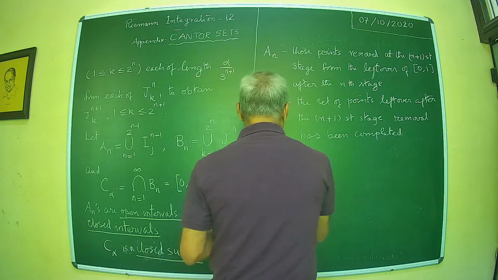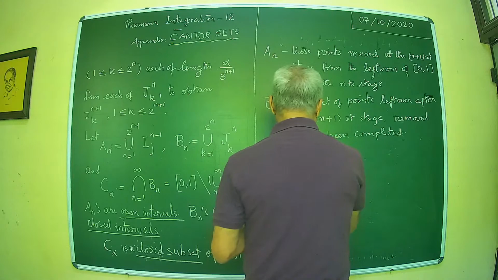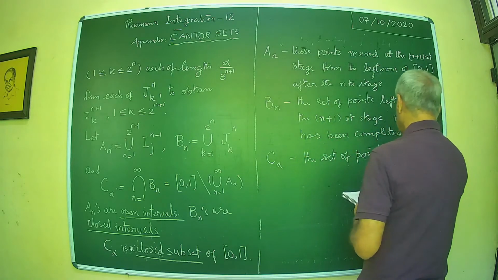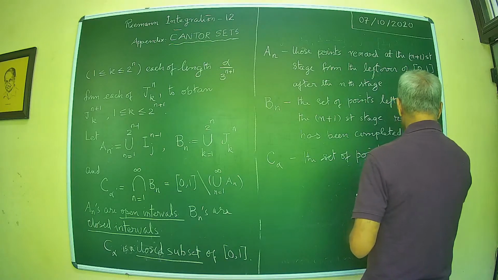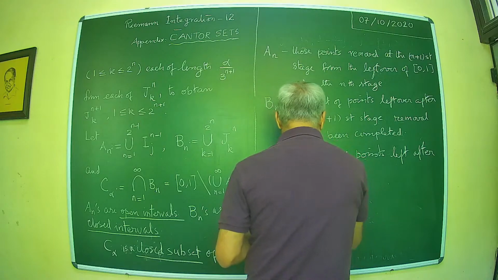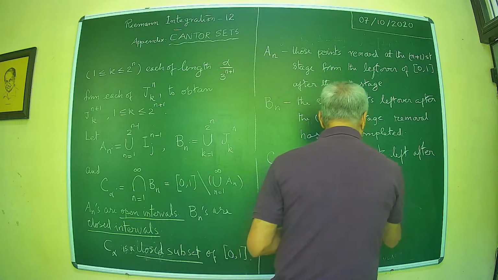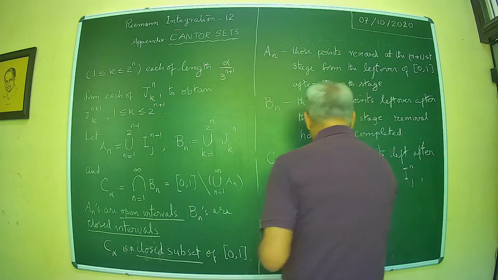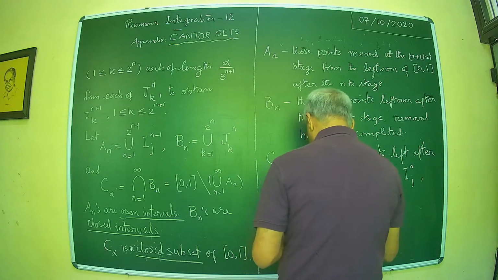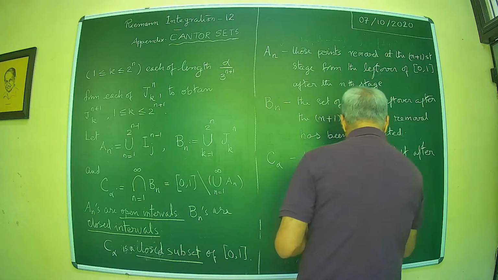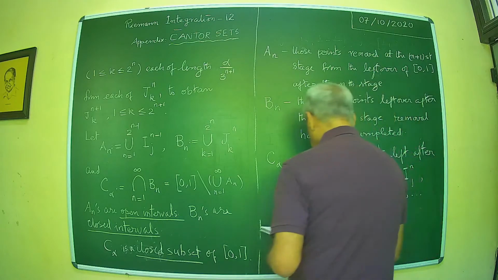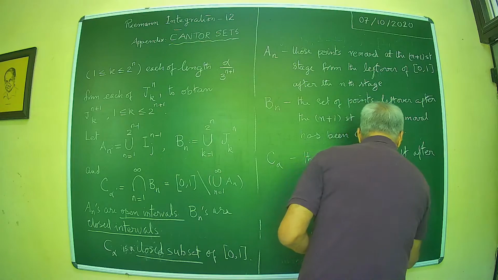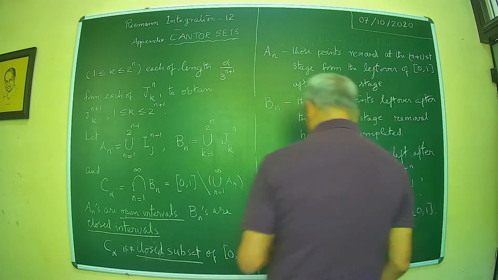And then C alpha is the set of points left after all the intervals I_n,j, 1 less than or equal to j less than or equal to 2 to the power n, are removed, and C alpha is a closed set.